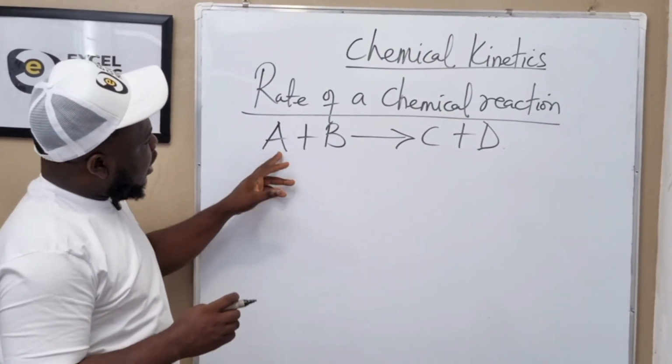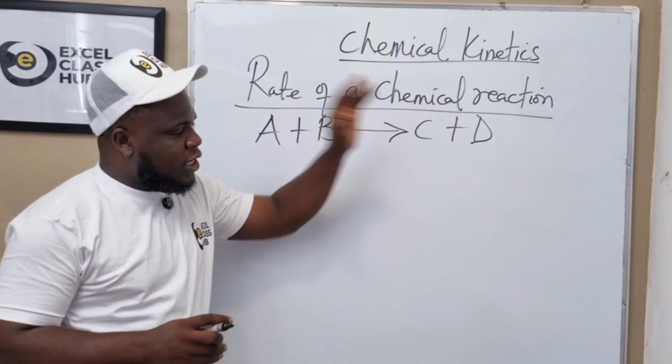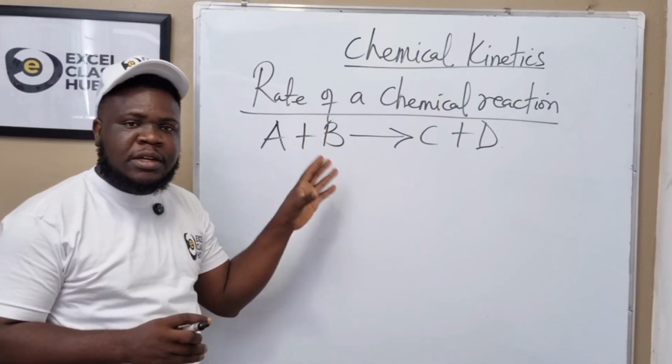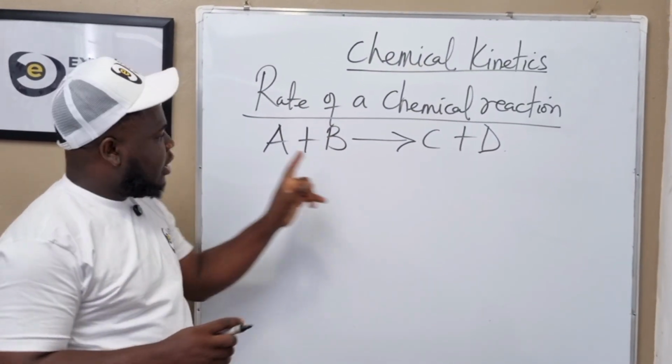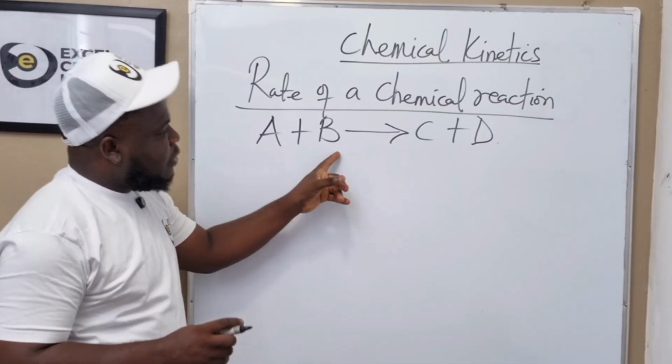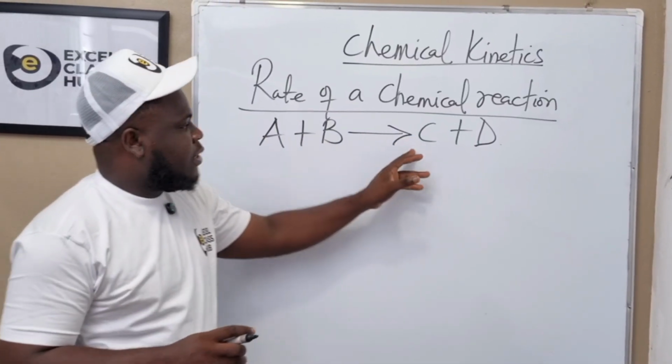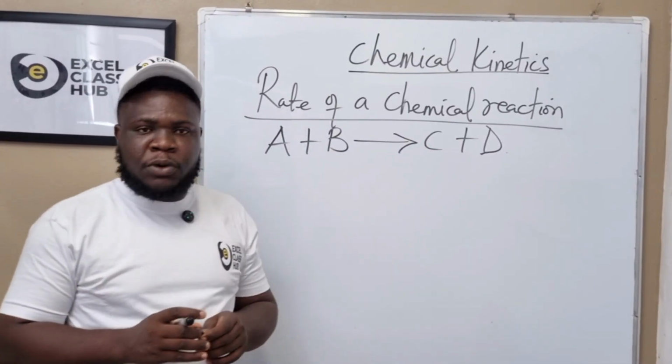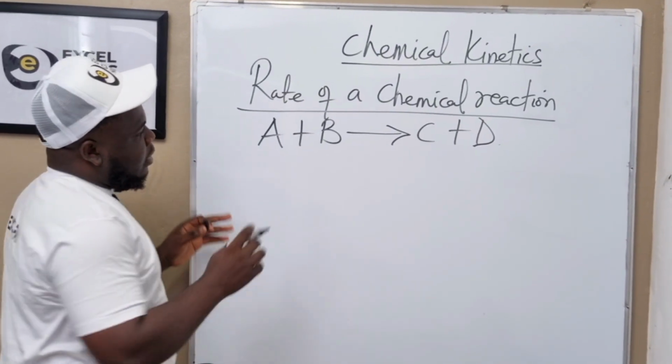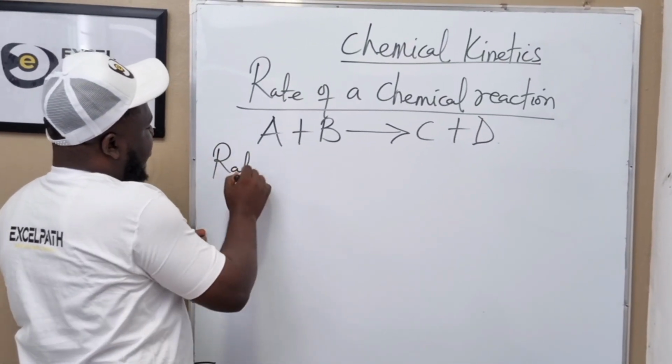In this equation, A plus B represents the reactants, C plus D represents the products.